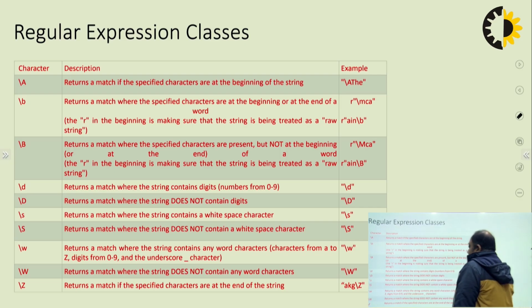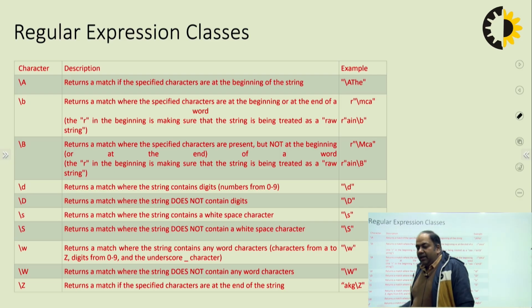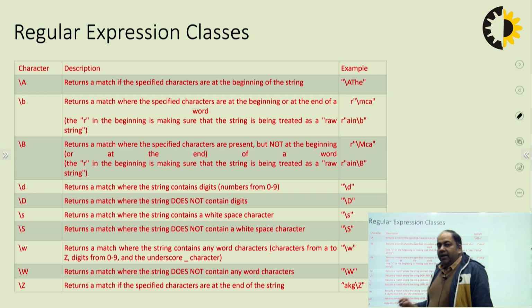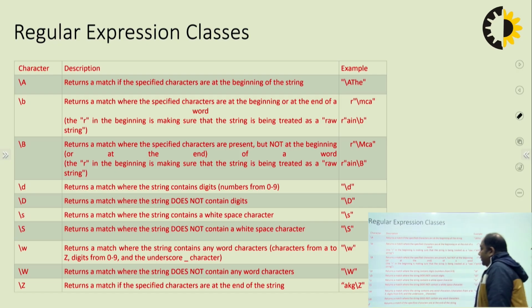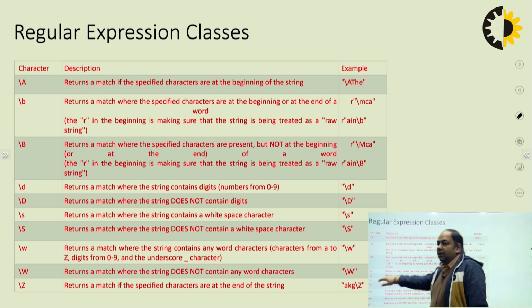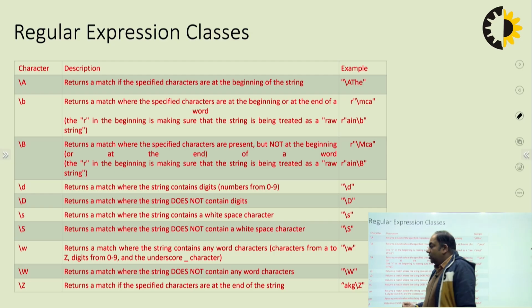So we specify by using capital D that in this box there should not be any digit. And \d where the string contains digits 0 to 9 is like when we use a phone number. So we have to specify that this box should only have phone numbers. No character will be allowed in that.